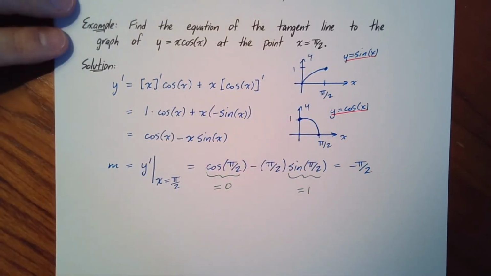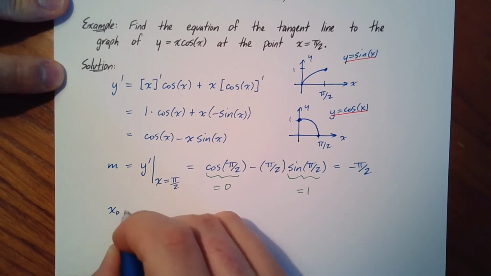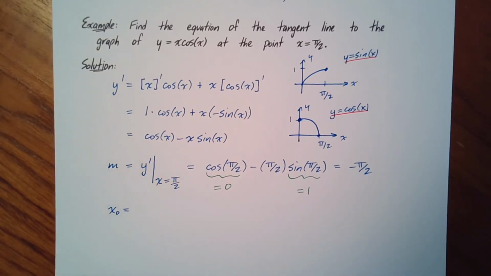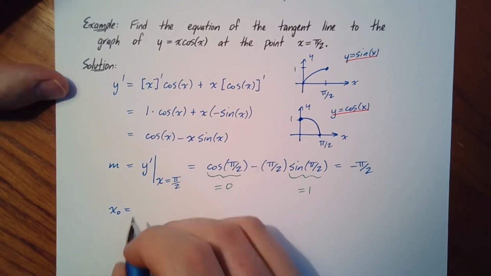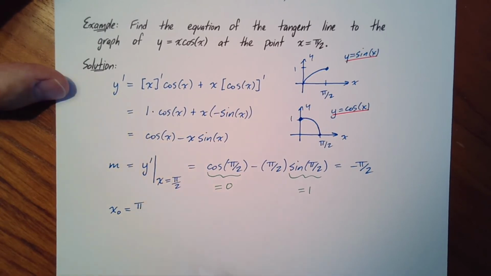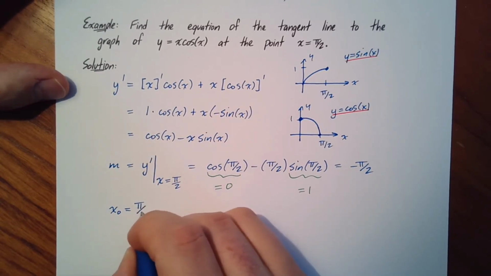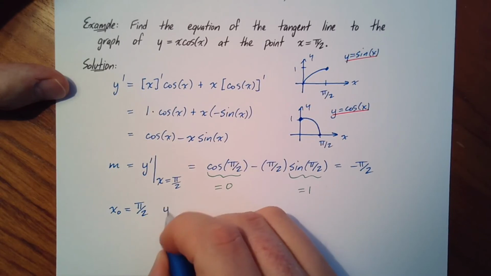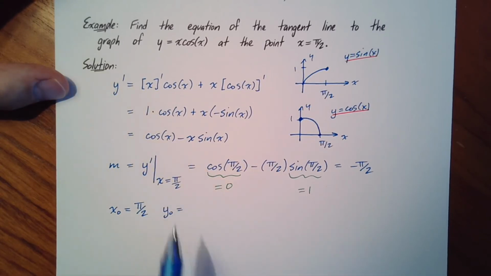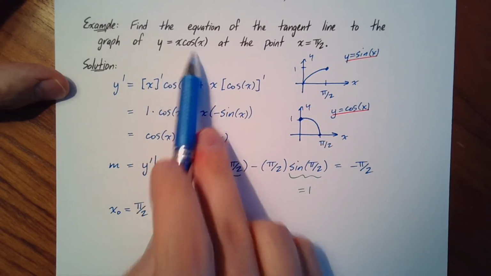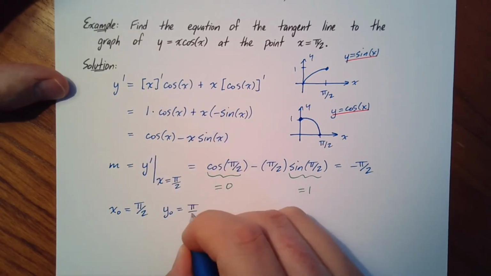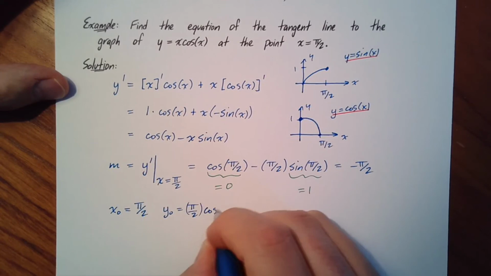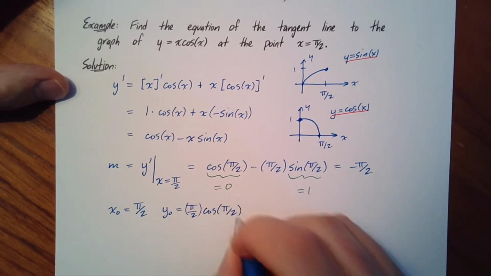So let's write it out this way. Our x naught, which is the x-coordinate of the particular point on our graph that the line is tangent to the graph at, is pi over 2. So y naught is just going to be, well, what do you get if you plug pi over 2 into this function? So we're going to get pi over 2 times cosine of pi over 2.